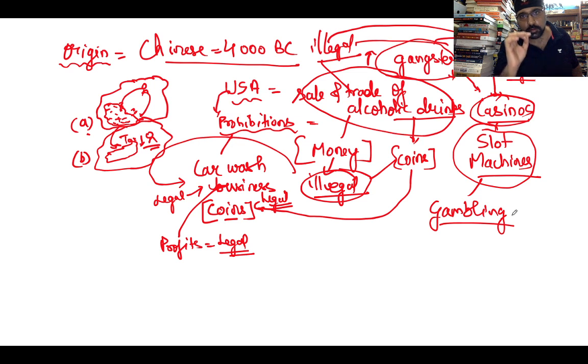And when we say that the term came a little later, it's important to understand another thing, that these gangsters who were doing illegal activity of undertaking sale and trade of alcoholic drinks, when they generated the illegal money, now started putting this money into the laundry business.